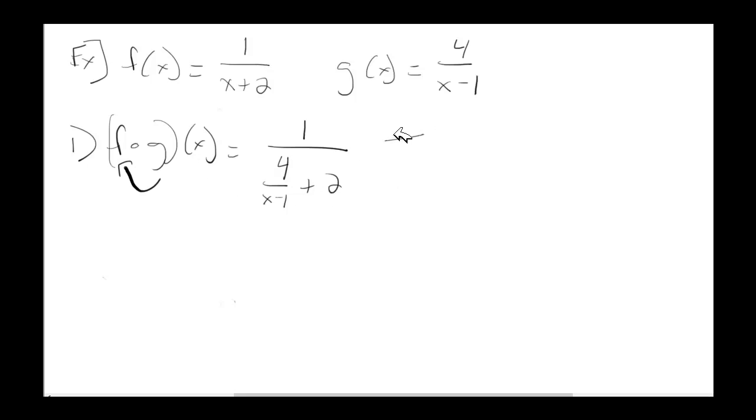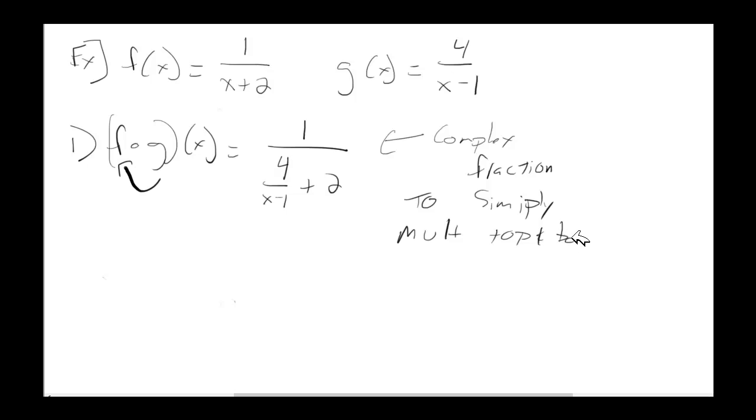Okay, this is called a complex fraction, because you have fractions in fractions. So to simplify these, what you do is you multiply the top and bottom by the denominator of the mini fraction, or the little fraction.